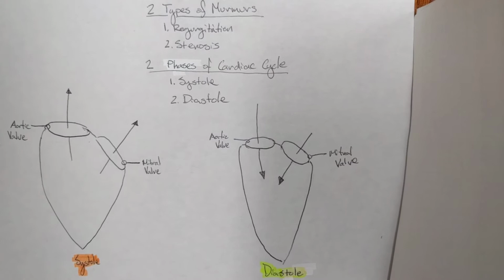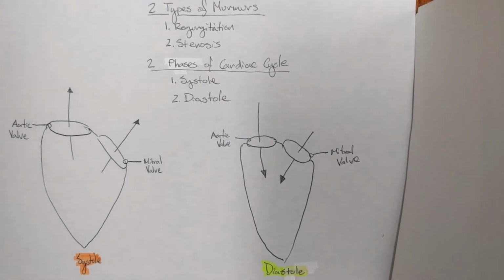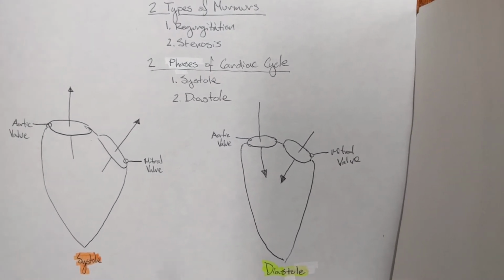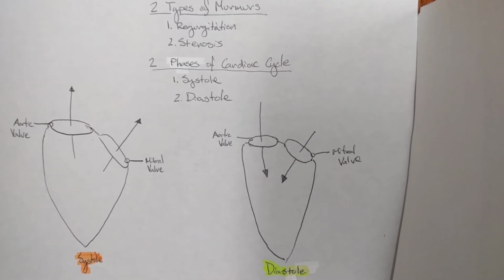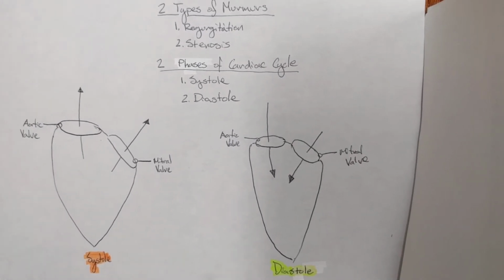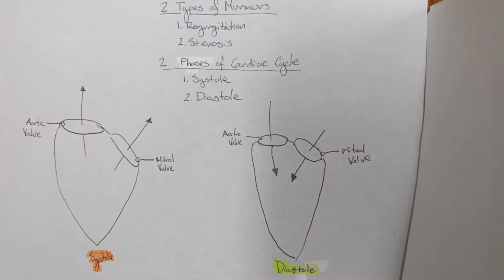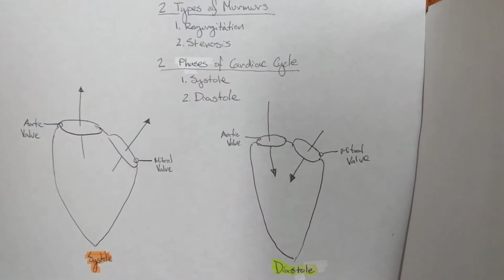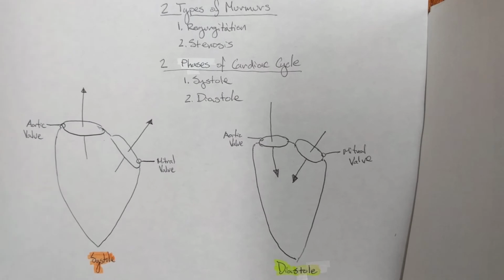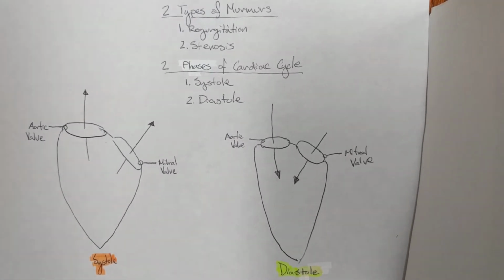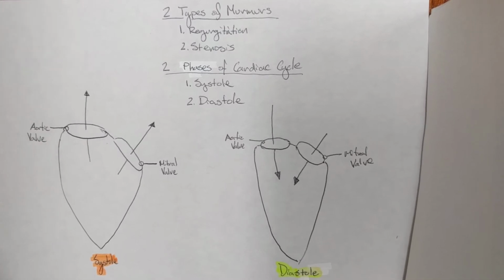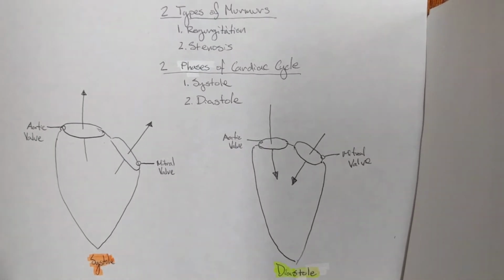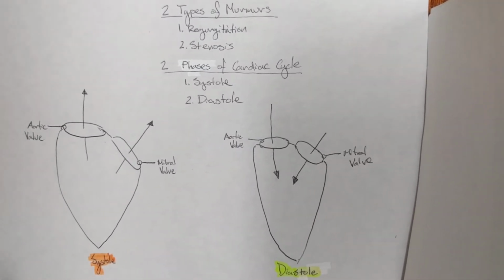Now with this aortic valve regurgitation, you can also see cardiogenic shock, as you're not going to have enough blood flow to your body to perfuse your organs. So the causes of aortic valve regurgitation are varied.